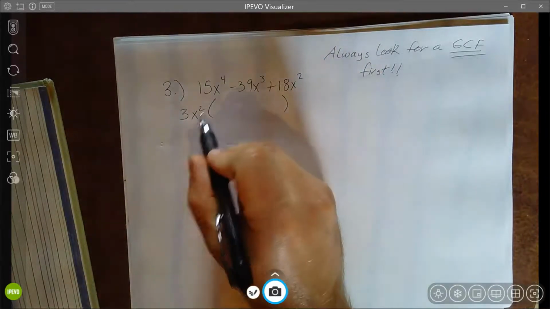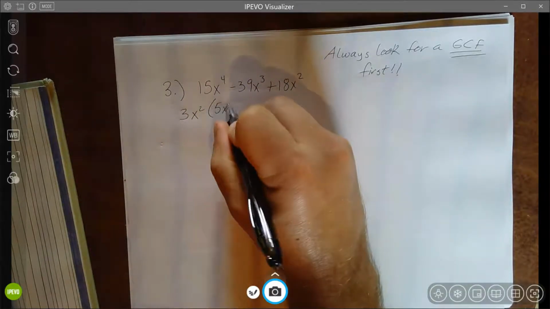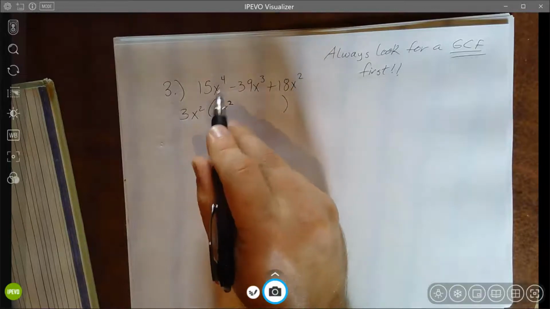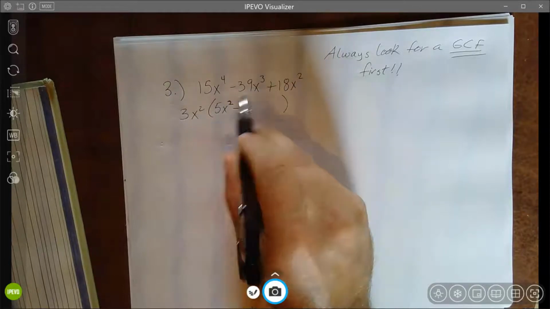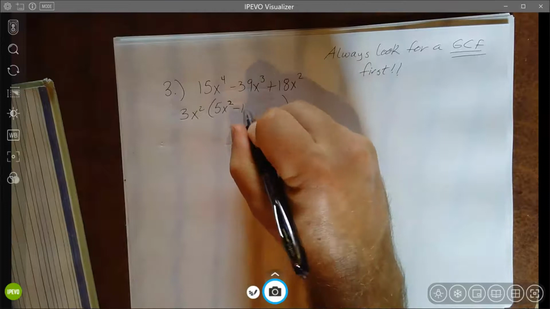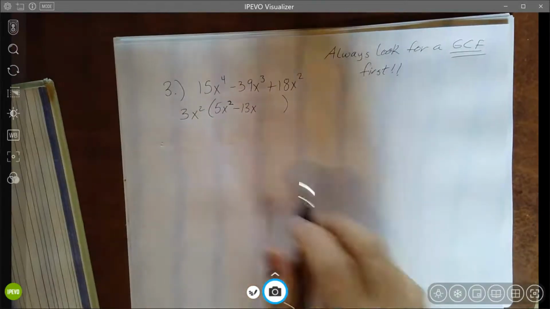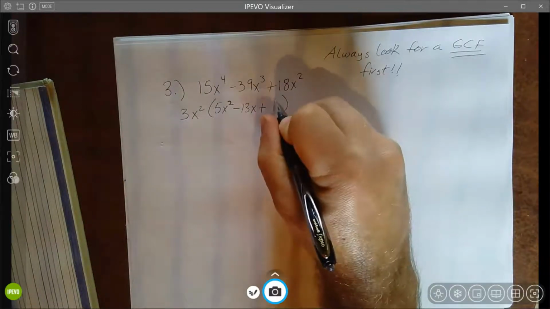So if I divide a 3x squared out of this 15x to the 4th, I have a 5x squared left. Think about if I multiplied 3x squared with 5x squared, I'd end up back with the 15x to the 4th. Minus, okay, divide the 3x squared out of the 39x cubed, you're left with 13x. Divide the 3x squared out of the 18x squared, you're left with just 6.